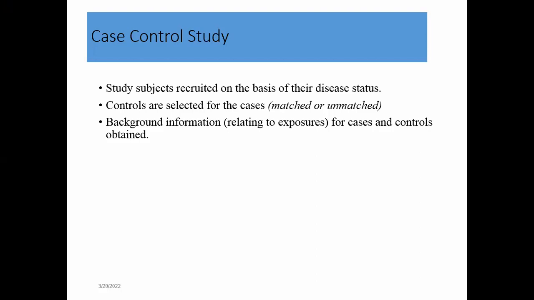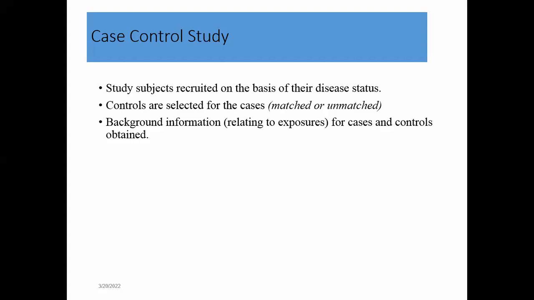In a cross-sectional study, we said we don't know both the independent and the dependent variable. We don't know the exposure, we don't know the outcome. So we're looking for all of them at the same time. In cohort studies, whether retrospective or prospective, we do not know the outcome, but we know the exposure.